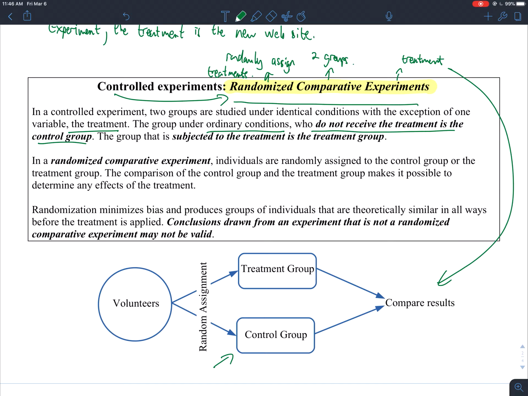The group that is subjected to the treatment is called the treatment group. And then in a randomized comparative experiment, individuals are randomly assigned to the treatments. Then, because I have two groups, I can compare them. So that's where the comparison comes in. I can compare the results.